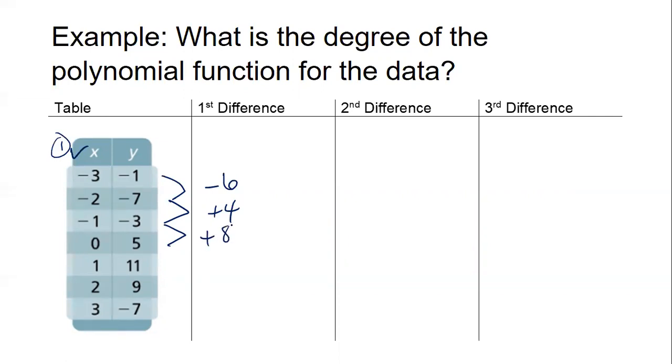How did I go from -3 to 5? We added 8. How did I go from 5 to 11? 11 to 9? I subtracted 2, right? 9 to -7.